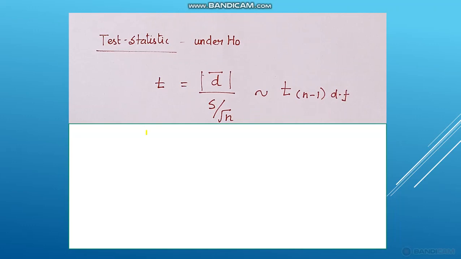And the formula is this: T is equal to D bar divided by S by root n, where S is the sample standard deviation. This T statistic will follow a T distribution with n minus 1 degrees of freedom. Here n is the sample size, the number of pairs.